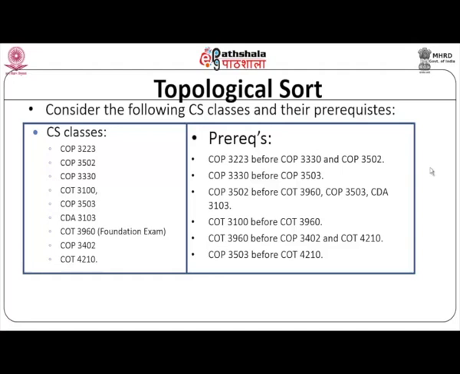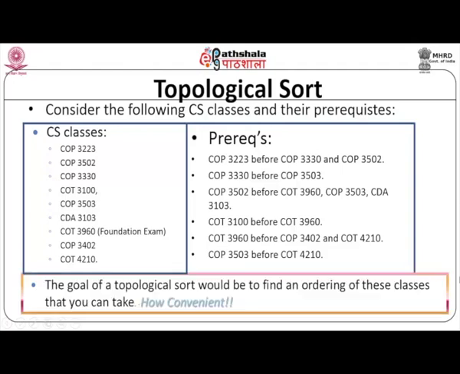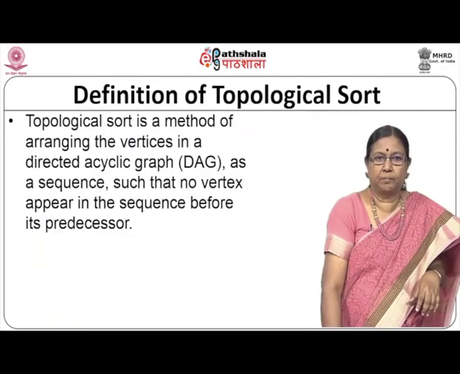So, this is an example where you have prerequisites, and it can be represented easily with a DAG. The goal of topological sort would be to find an ordering of these classes that you can take. So, this is a very convenient way of deciding what classes to take.